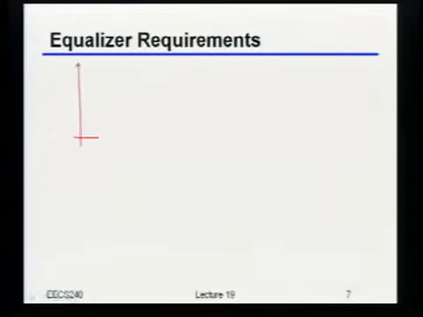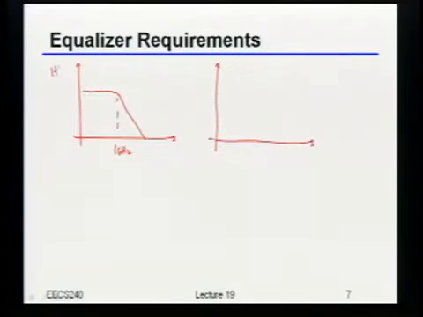So if this was our channel, let's say there was a pole at 1 gigahertz. I'll call this H of S. So let's call this H inverse of S, which I'll draw scaled down over here. That indeed needs a zero at 1 gigahertz. But we know that's pretty tough to actually build.